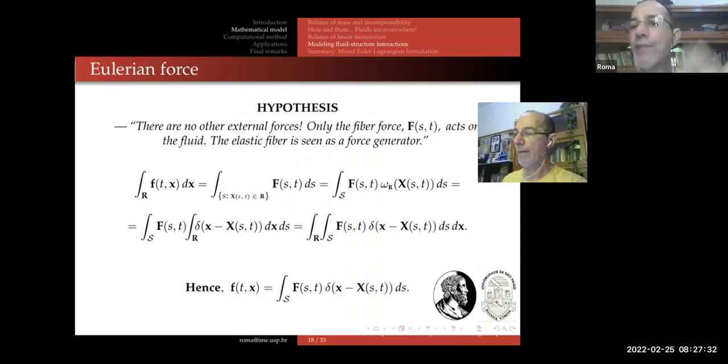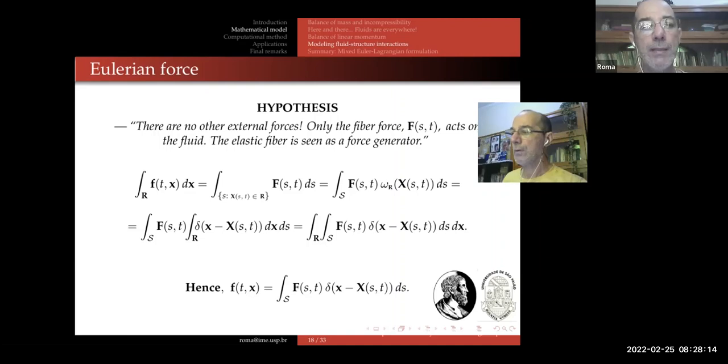So F is the Eulerian force, the force that acts on the fluid inside the region R. So the resultant force acting on the fluid in that region R is this thing given here. If we don't have anything else acting on the flow or coming from inside the fluid, the only source of forces that I have is the elastic fiber contained in that region R, okay?